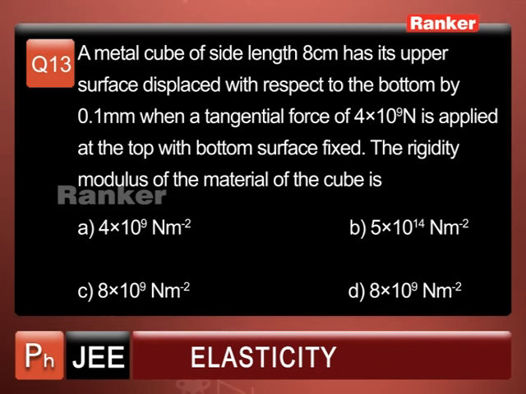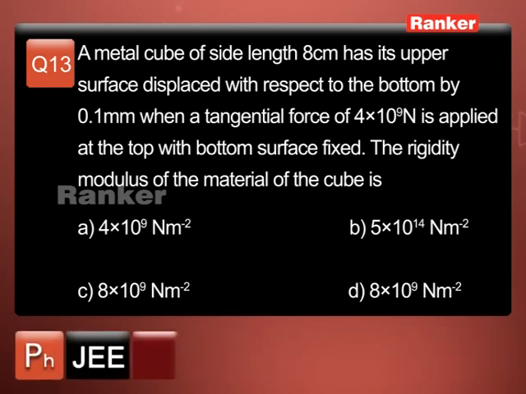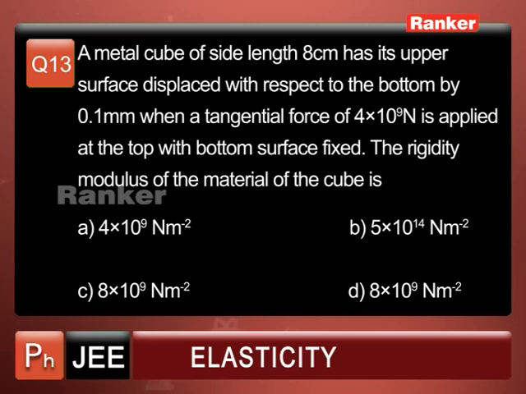The rigidity modulus of the material of the cube is how much? The options are: 4 into 10 power 9 Newton per meter square, the first option; 5 into 10 power 14 Newton per meter square, the second option; 8 into 10 power 9 Newton per meter square, the third option; and 1 into 10 power 8 Newton per meter square, the fourth option.